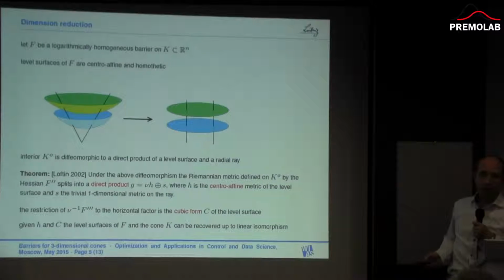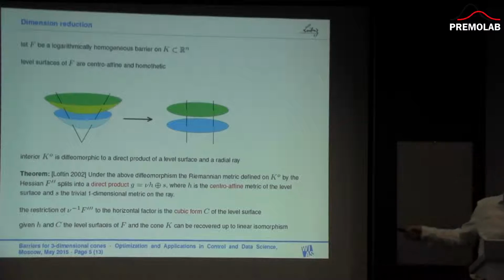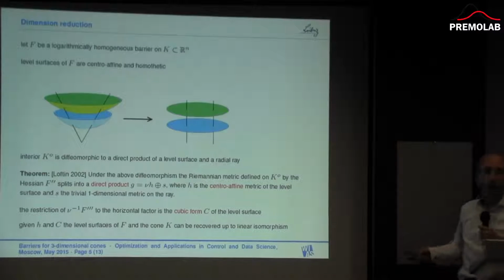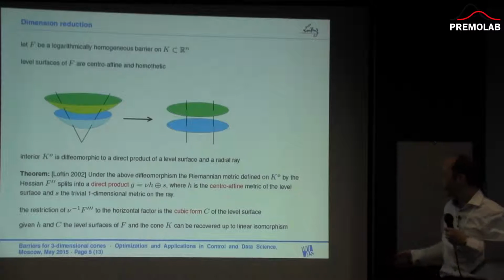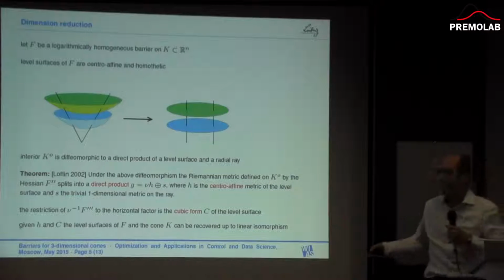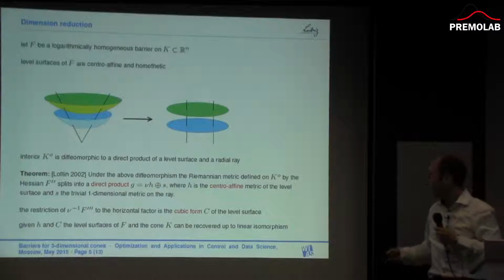And it turns out that the metric h, the centro-affine metric, is just proportional to the second derivative of the corresponding barrier, and the cubic form is proportional to the third derivative. So we might consider this pair of metric and cubic form just as the pair of second and third derivative of the barrier. These are equivalent objects.